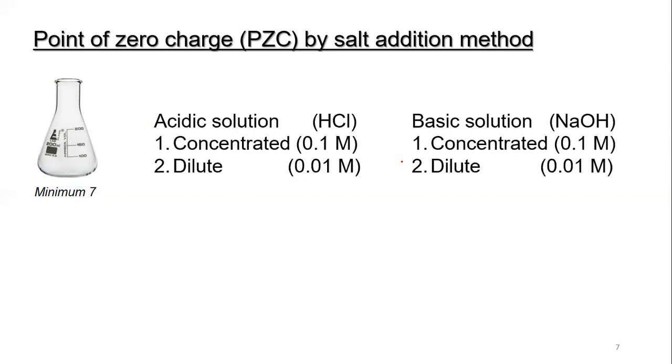Later on, I will tell you how you can use 14 and how you can use 7. The second point, you need an acidic solution, concentrated acidic solution and dilute acidic solution. The third one, you need a basic solution, a concentrated basic solution and a dilute basic solution.